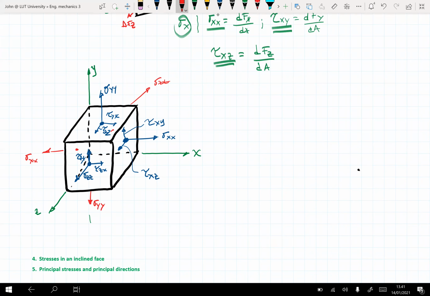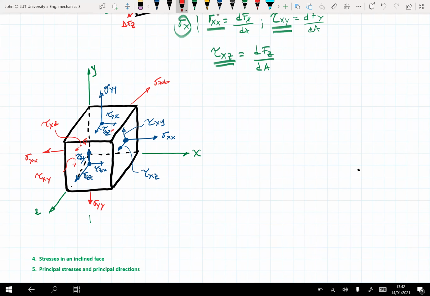As an example, I'm not going to write them all because it's going to be a mess, but this, for example, is going to be tau xy, and then this is going to be tau xz.